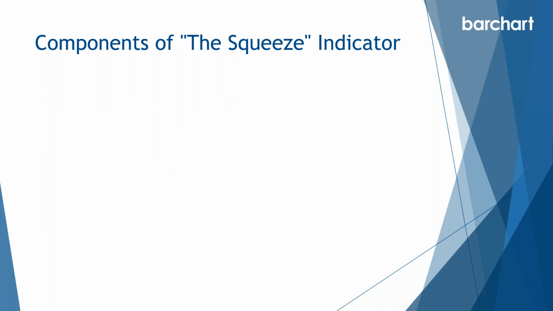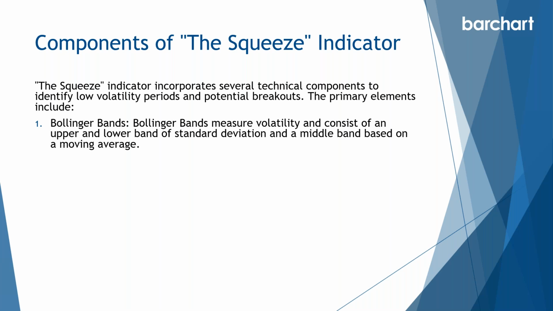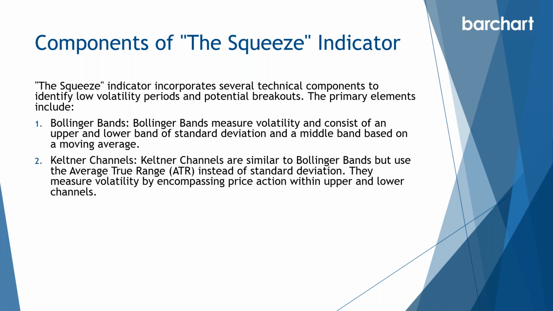Now, the components of the squeeze, well, Carter combined two components. One was Bollinger Bands, which are based on an upper and lower standard deviation from a moving average. And Keltner Bands, or Keltner Channels, which are defined by an average range of price over a certain period of time.